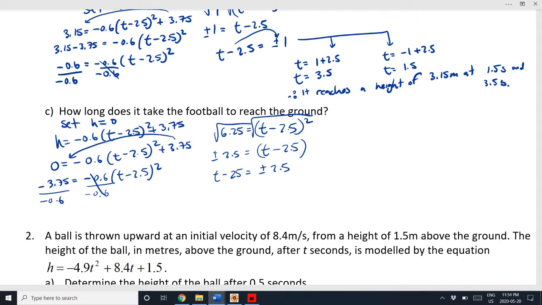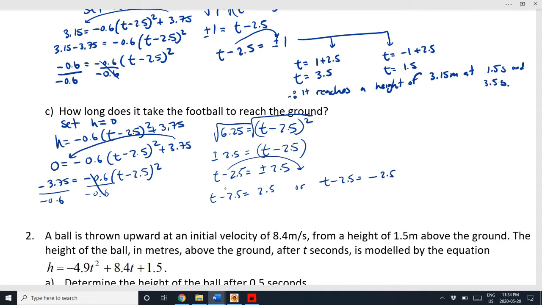And we're going to move this over here. And so we're going to get our two cases. So t minus 2.5 is equal to positive 2.5. Or t minus 2.5 is equal to negative 2.5.